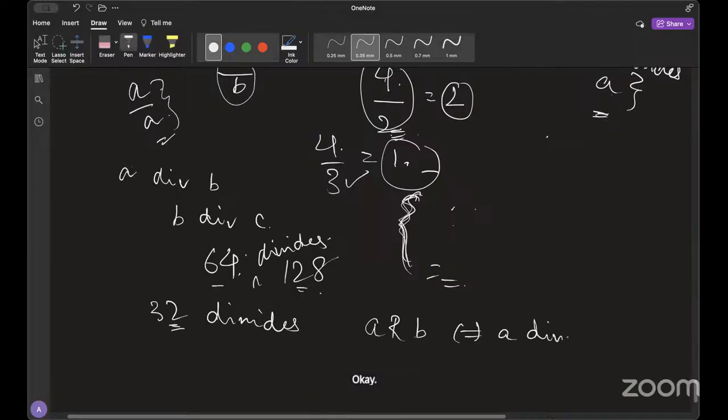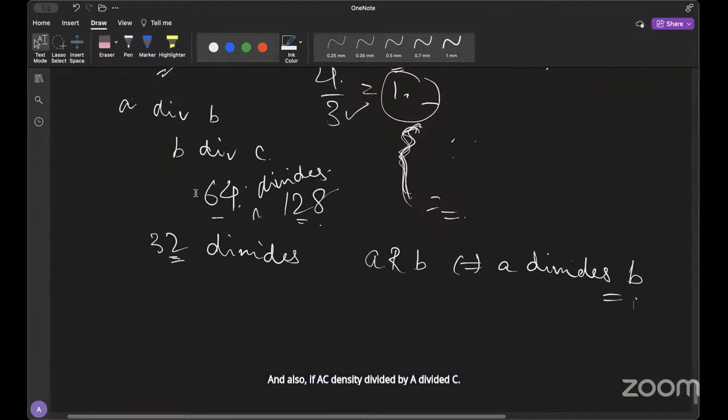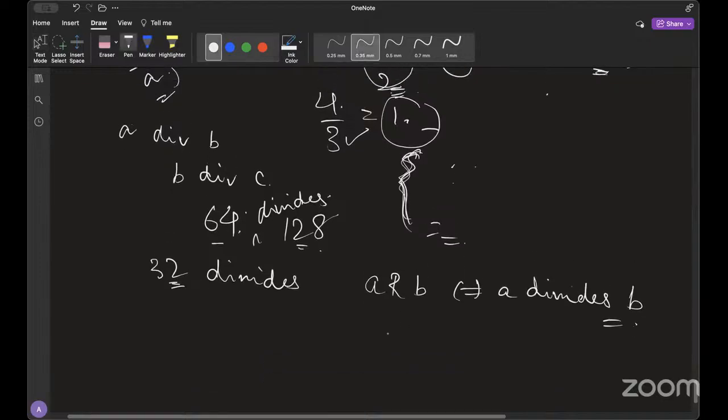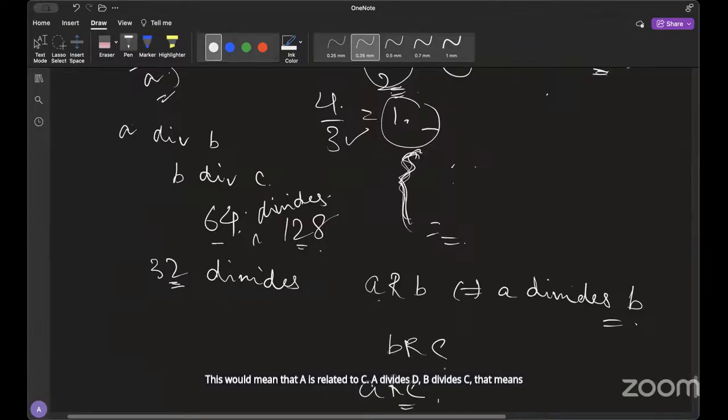The quotient doesn't matter here. If A divides B and B is related to C, this would mean that A is related to C. A divides B, B divides C, that means A divides C.